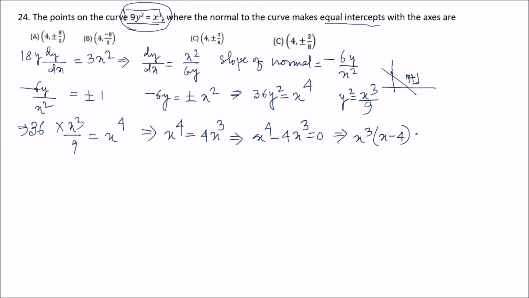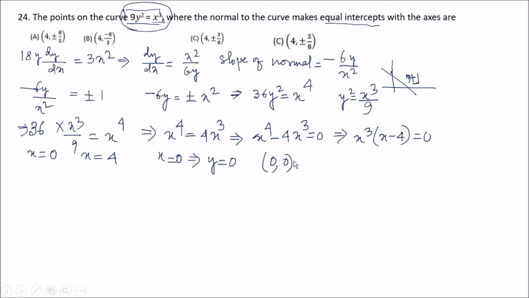So this gives me two values. One is x is equal to 0 and x is equal to 4. Now I'll put in the curve. When x is equal to 0, it gives me y is also 0. So one point I am getting is (0, 0).